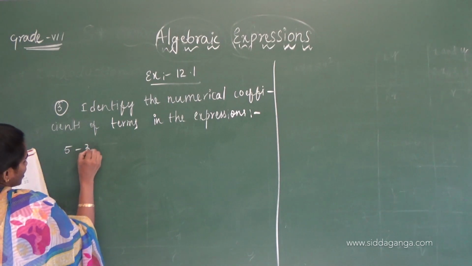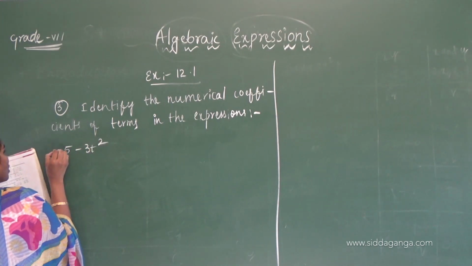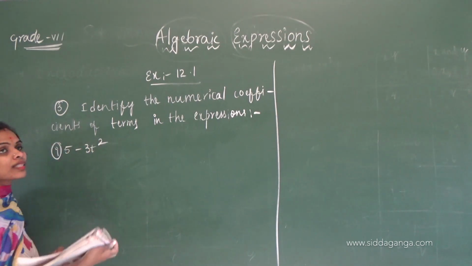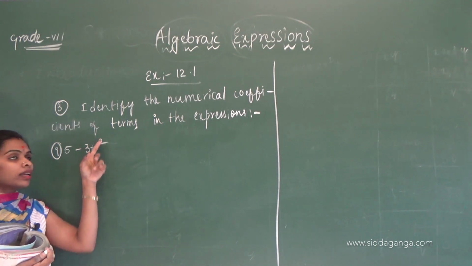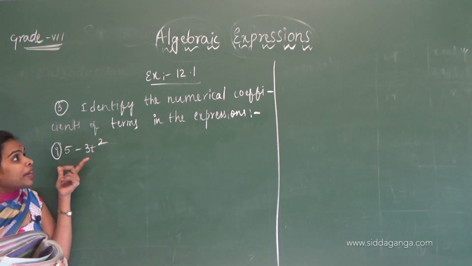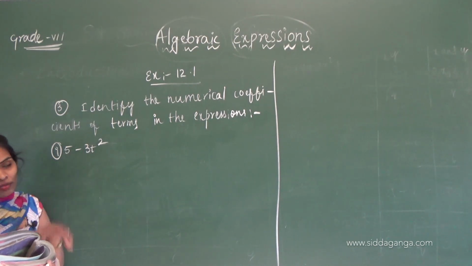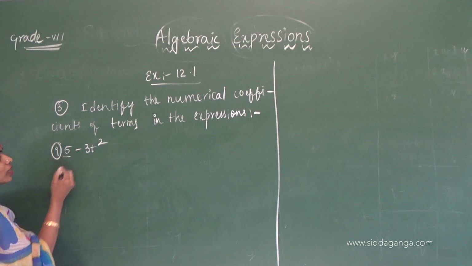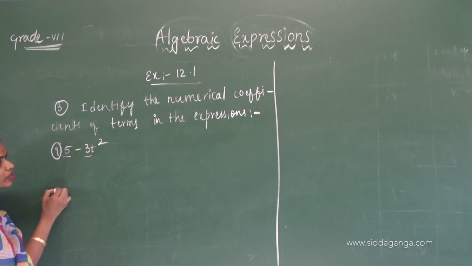5 minus 3t square. If you see this, how many terms are there? They are asking us to find the numerical part, that means the numerical part of the coefficients in the expression. This one is one numerical part and this one is one numerical part.